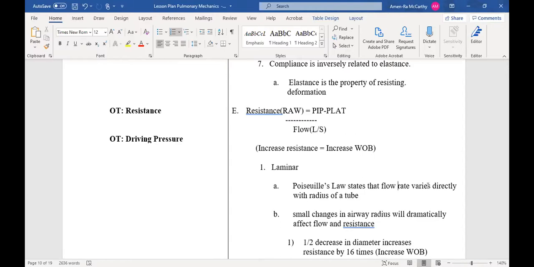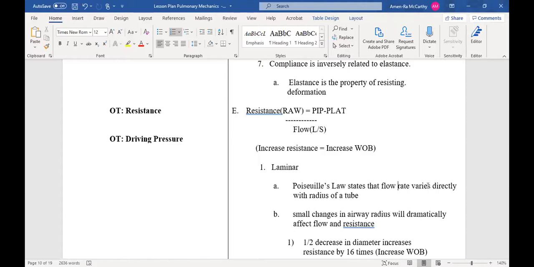When I'm watering the plants and I just have my thumb, if I put my thumb over half of the radius of the hose, it's going to build up a great resistance inside and shoot the water out much faster, right? Well, that's what Poisson is saying. If you close your airway down, then the resistance is going to build up, and the work of breathing is going to go up.